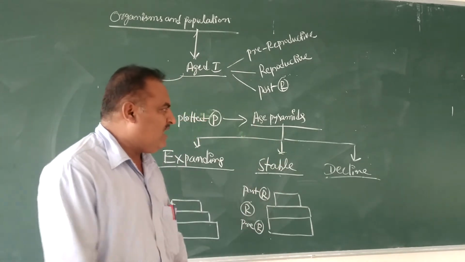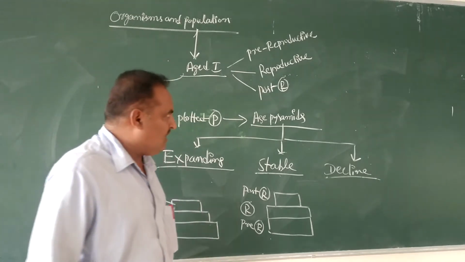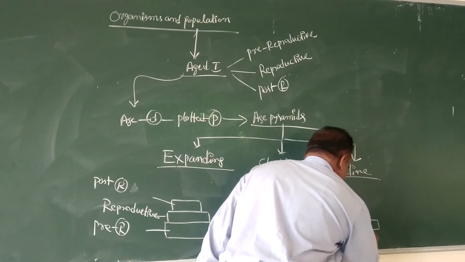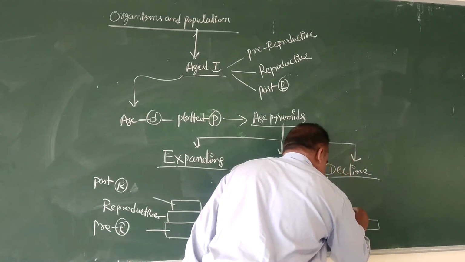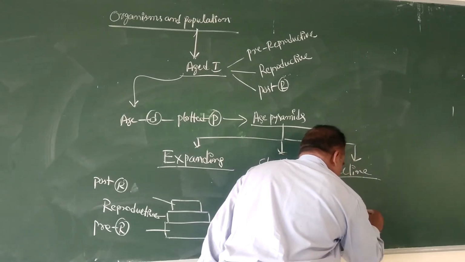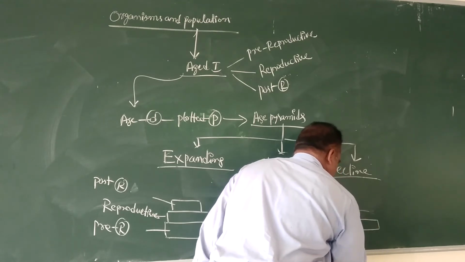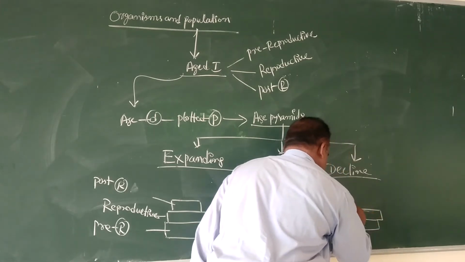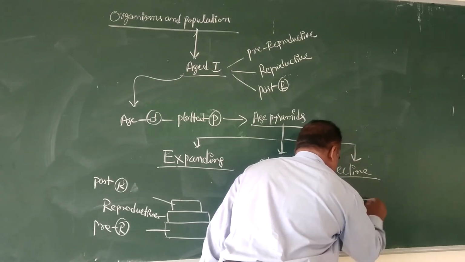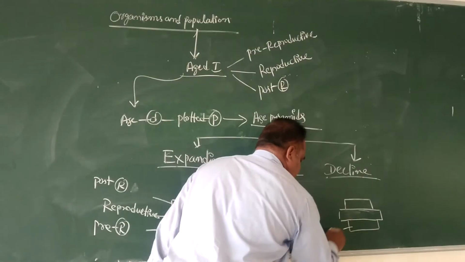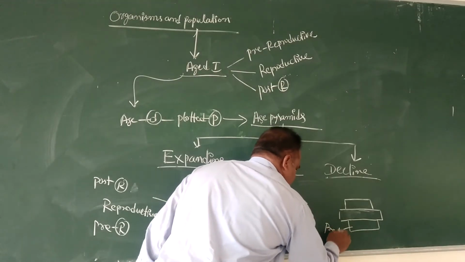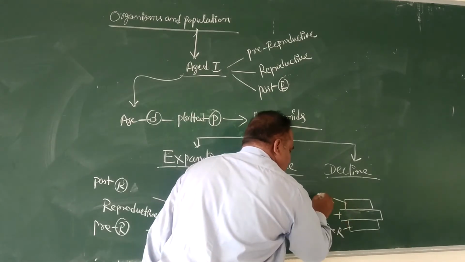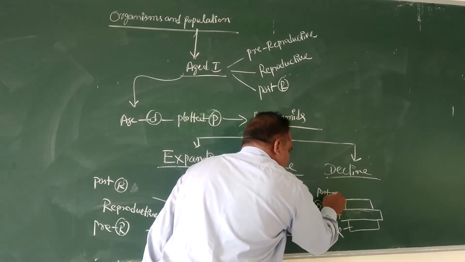And in the case of declining age pyramid, here it is. The first level shows pre-reproductive age individuals, then reproductive age individuals, then post-reproductive age individuals.